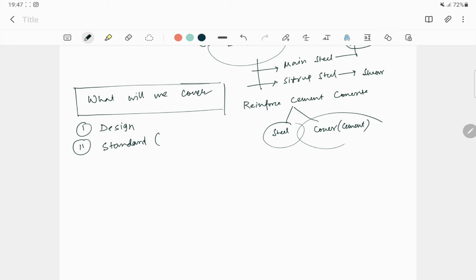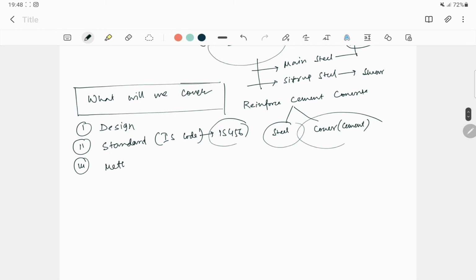That means the IS codes, like I covered IS 456, and there are many more. Then we cover what is the best method. There are lots of methods: working stress method, ultimate load method, limit state method, plastic state method. But why we choose one and why not the others?